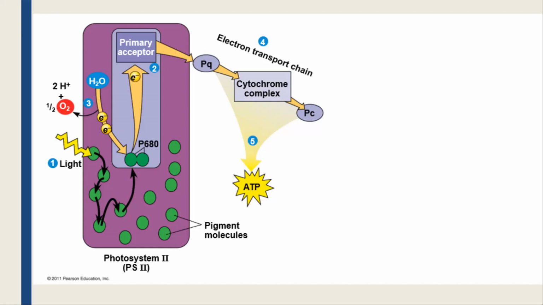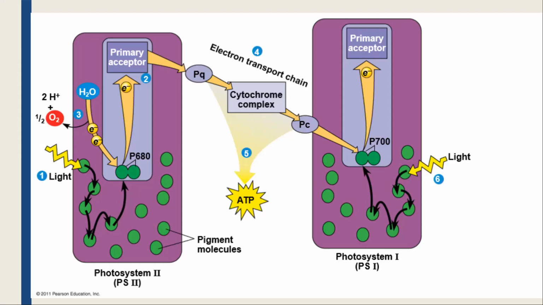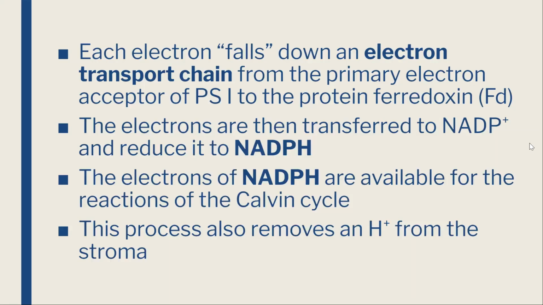And we'll take a quick look at that a little bit later. But the electrons that were excited in photosystem 2 are going to go down an electron transport chain and generate ATP. Then that electron from photosystem 2 goes to photosystem 1, where the light gets those pigments excited and gets that electron excited. And then that electron is going to go down another electron transport chain.